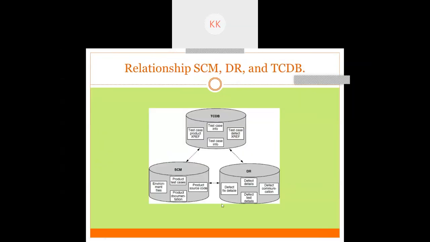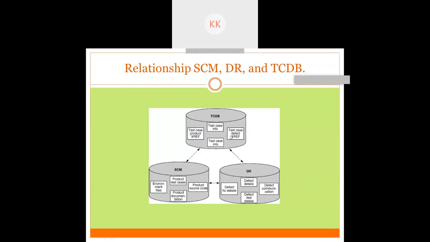So this is a relationship between PCDM, DR, and SCM. What is this PCDM? Test case database. DR is defect repository and SCM is software change management. And you can see what it contains: test case information, test case product reference.